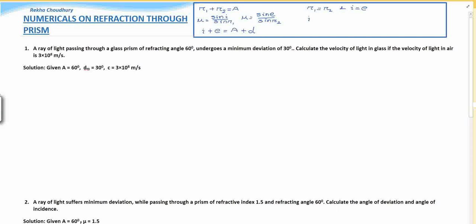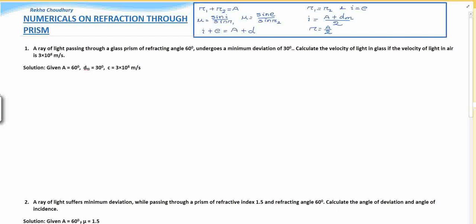Also i is equal to A plus the angle of minimum deviation divided by 2. Again r is equal to A by 2, because for minimum deviation r1 is equal to r2 is equal to r, say.